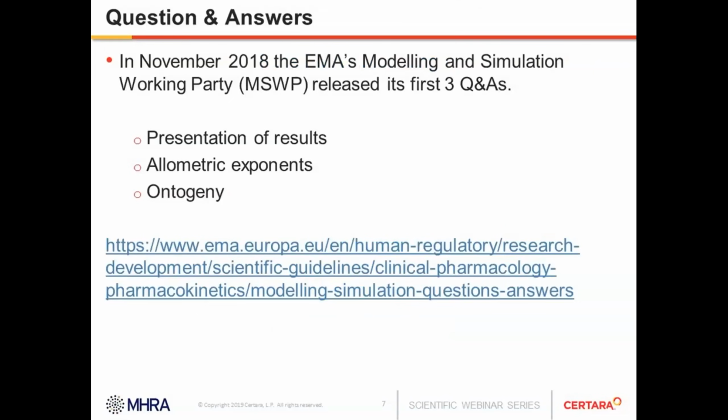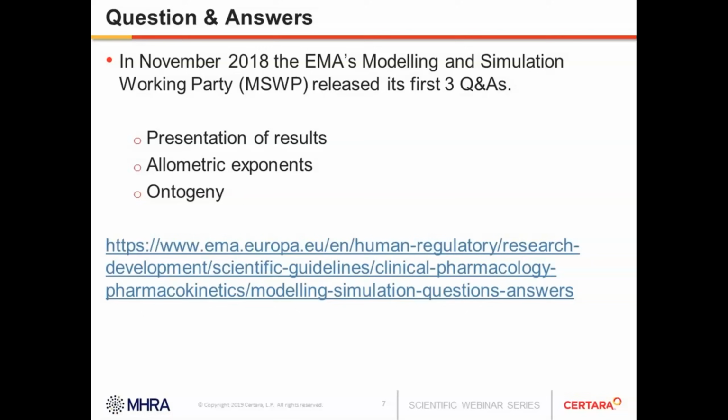One of the remits of the MSWP is to develop and communicate standards for the design, conduct, analysis and reporting of modelling and simulation according to the level of regulatory impact. As such, the Modelling and Simulation Working Party released its first 3 Q&As back in November 2018, a year ago. These were related to presentation of results, allometric exponents, and how to include ontogeny into models.